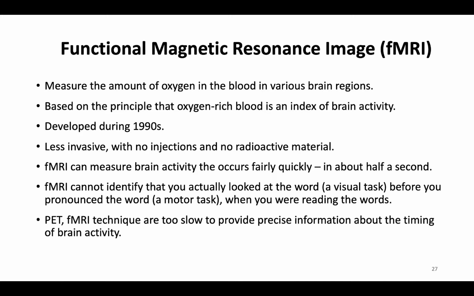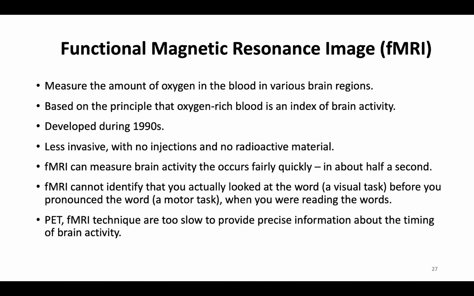Another technique for brain imaging is functional magnetic resonance imaging, fMRI. fMRI measures the amount of oxygen in the blood in various brain regions. It is based on the principle that oxygen-rich blood is an index of brain activity, since the brain always needs oxygen.